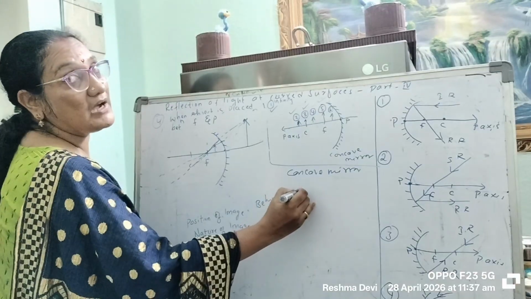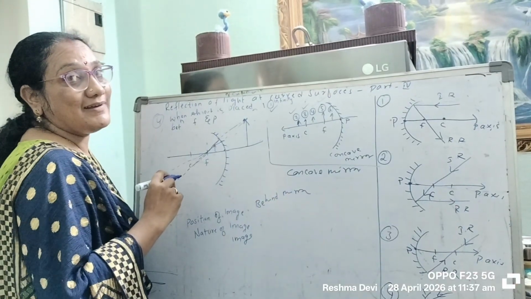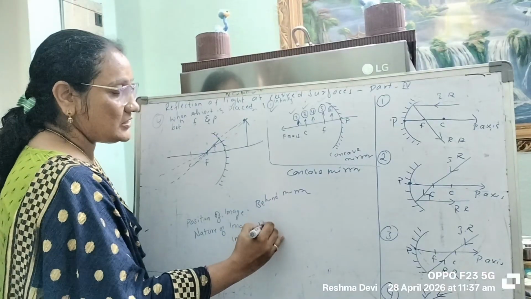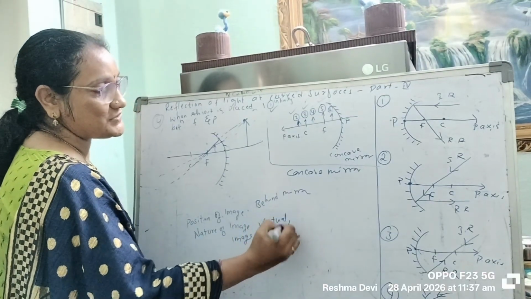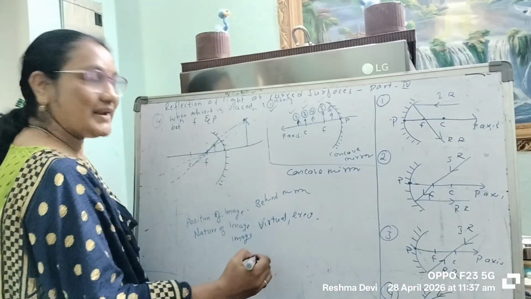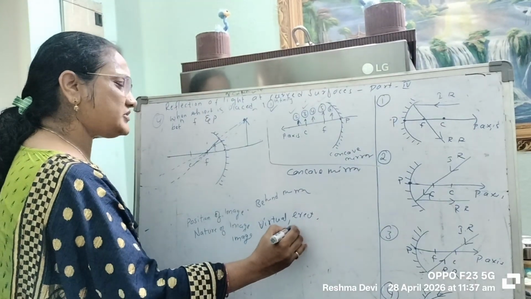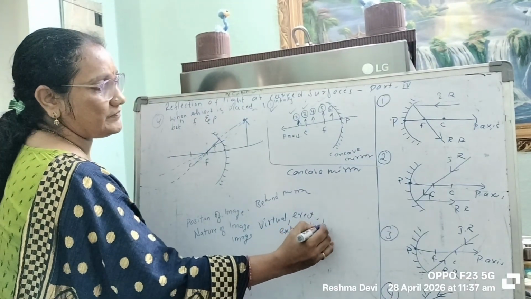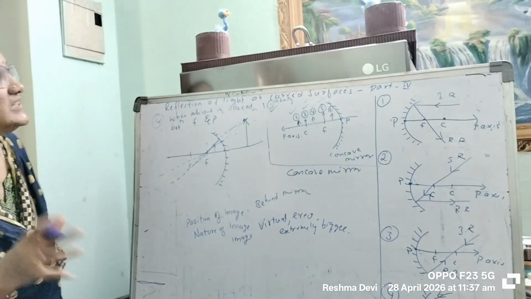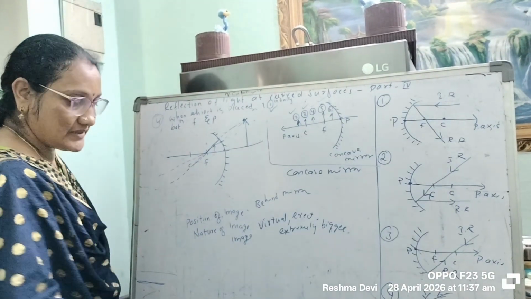Behind the mirror. Behind the mirror means, in 7th class you read, behind the mirror means virtual image and erect. Right? And more extremely big. Image size extremely bigger than the object size. Right?